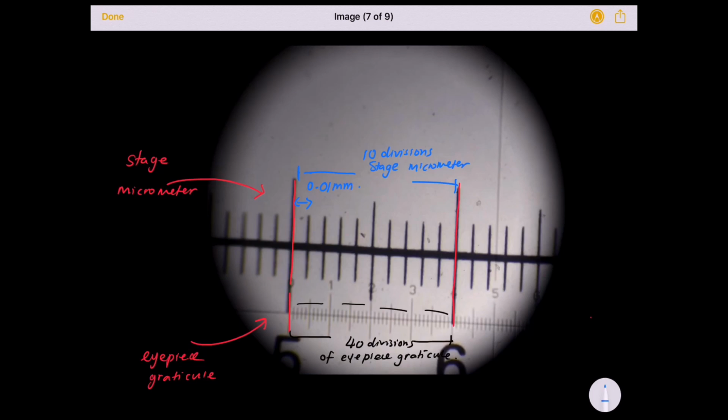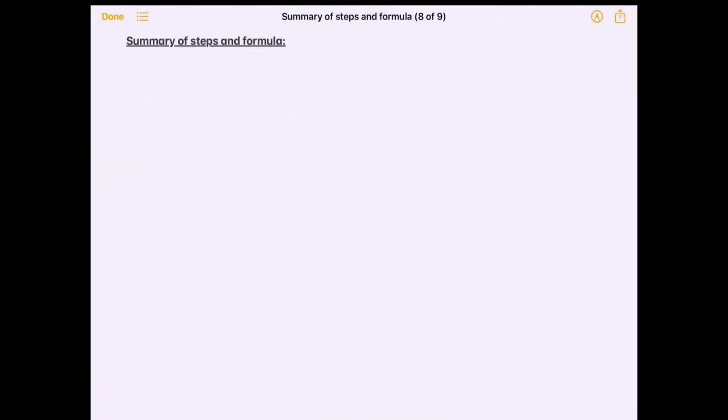So for 10 divisions in length, what is the length of this whole 10 divisions? It will be 10 times 0.01 mm. So knowing the length of this stage micrometer that matches the eyepiece graticule, I can actually calibrate the eyepiece graticule. So we're going to start the calculation now.